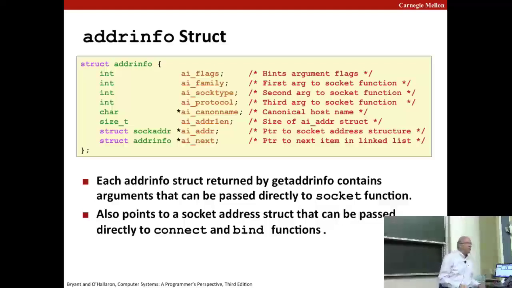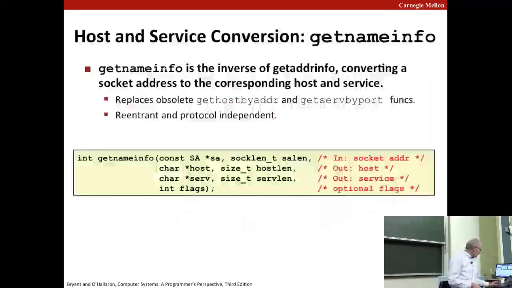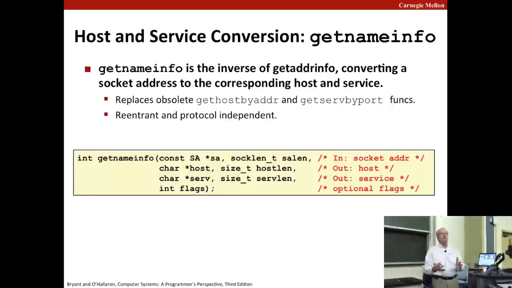So it's a little confusing to use, though, because sometimes the stuff you're providing is stuff you're giving it, and sometimes it's stuff that it's returning back to you. And then there's an inverse function. getaddrinfo is: give me the address information about some name.